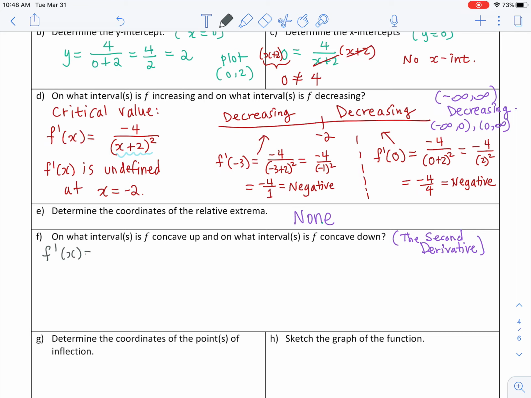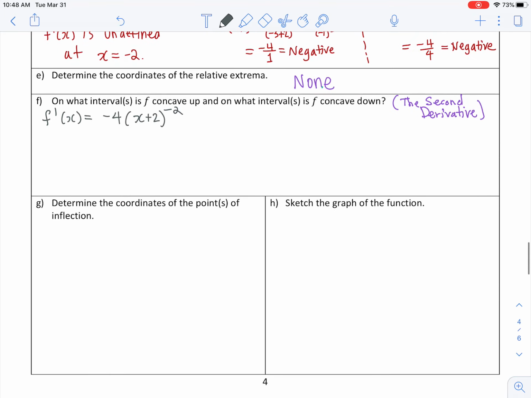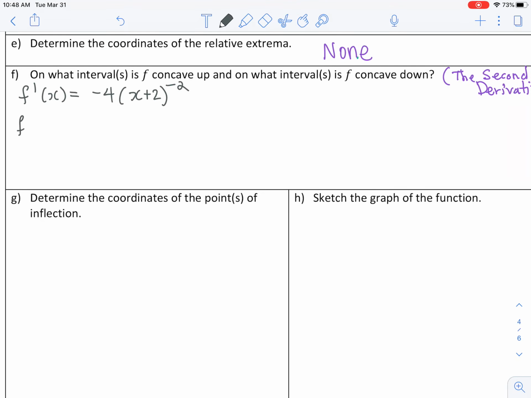Let me write down the first derivative down here. The first derivative was negative 4 times x plus 2, to the negative second power. So we'll go straight from there. We're going to take the derivative of this. The second derivative is going to be, well, keep the negative 4 the same, right? But bring down your negative 2.